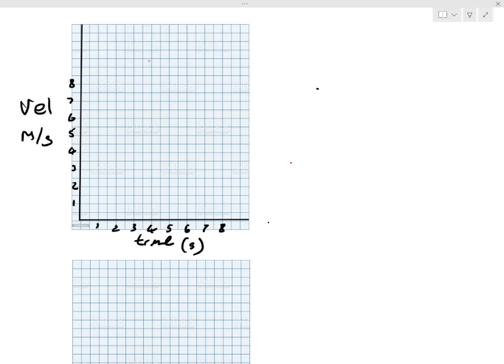It might be that we've got something like this, a curved graph, and we're going to have to work out the distance.